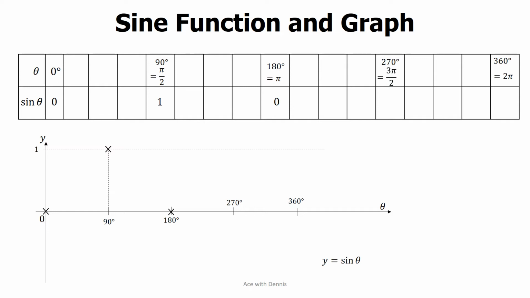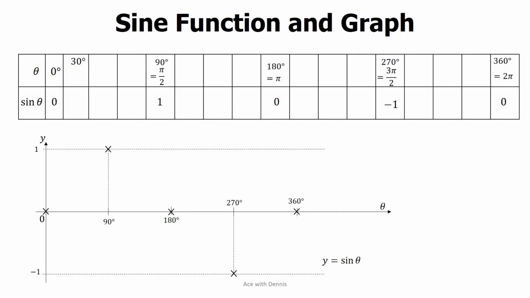So when theta is 180 degrees, y is 0. Now we move on to 270 degrees. We know that it is negative 1. So let's say this is negative 1. At 270 degrees, we plot here, y is negative 1. Now the last one, 360 degrees. We know that it is 0. So plot on the graph, this is 0.